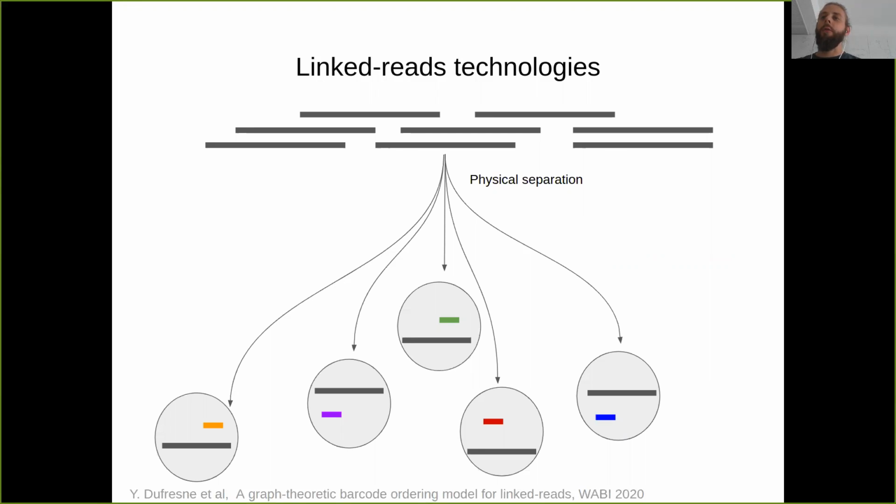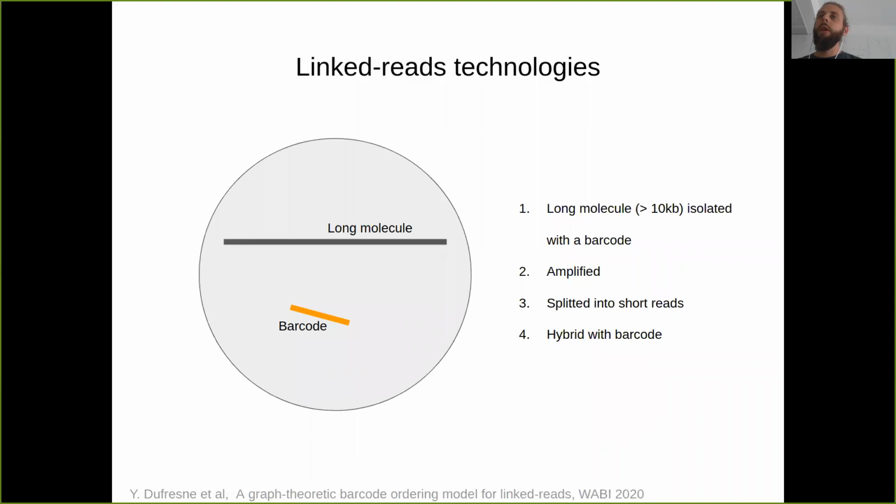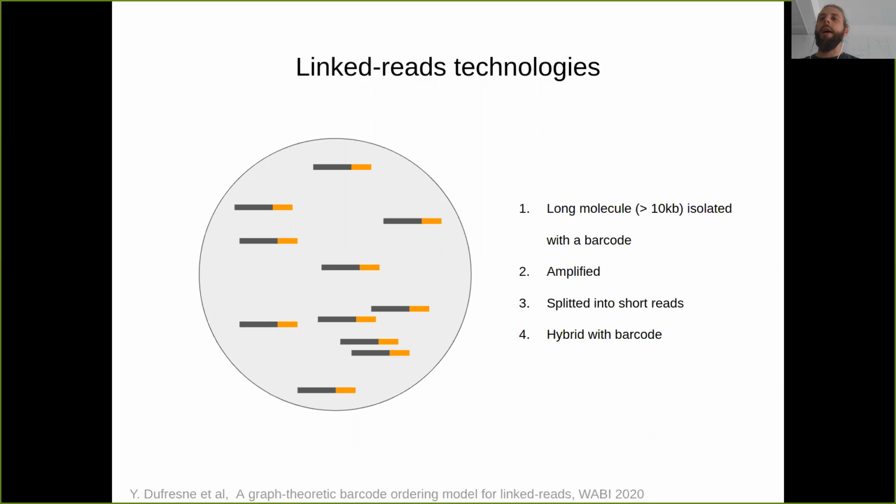Here, the barcodes are represented by the colors. In each physical area, you have a long molecule that is amplified and split into short reads, and each short read is hybridized with the local barcode.